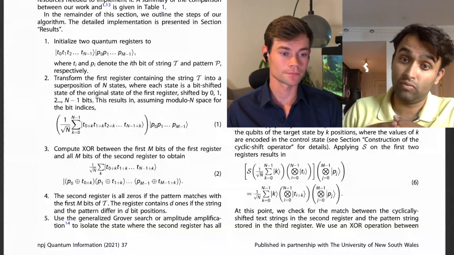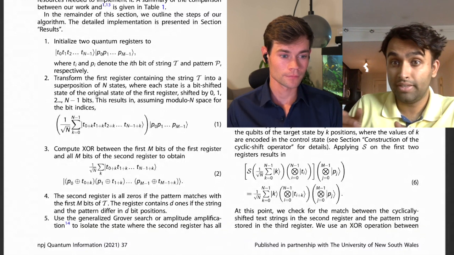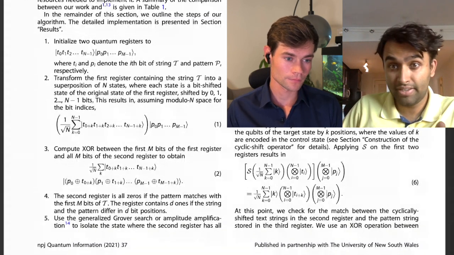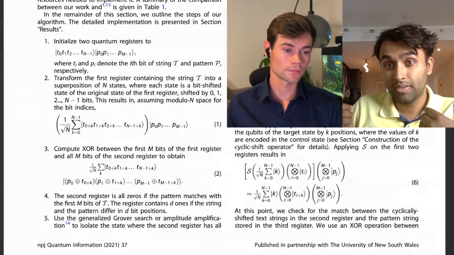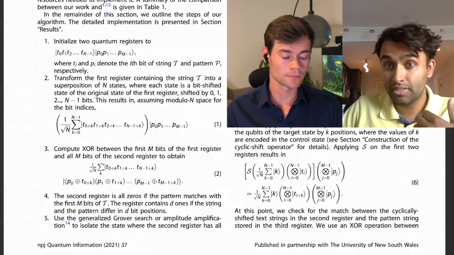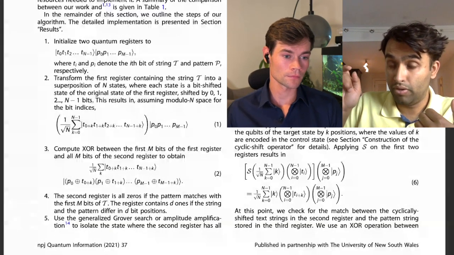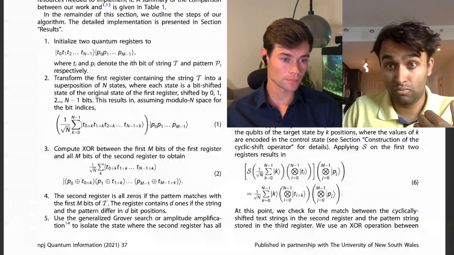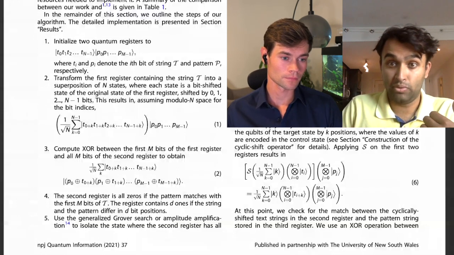What we want to do is, instead of getting measurements randomly, increase the probability of getting the result where the XOR matches 0. Increasing this is called amplitude amplification.